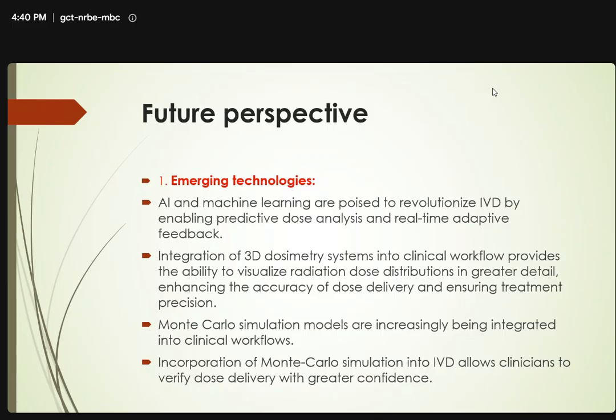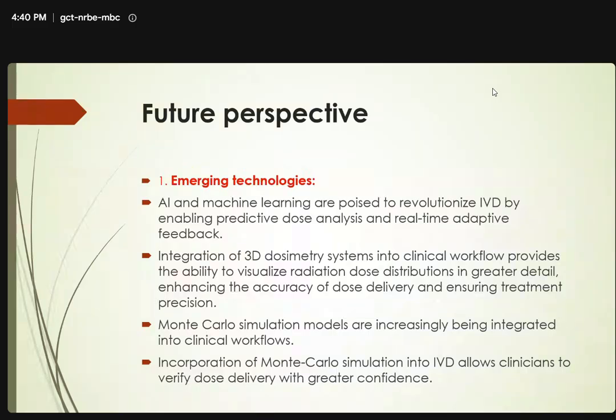Monte Carlo simulation models are increasingly being integrated into the clinical workflows. So their incorporation into the in vivo dosimetry allows clinicians to verify dose delivery with greater confidence.